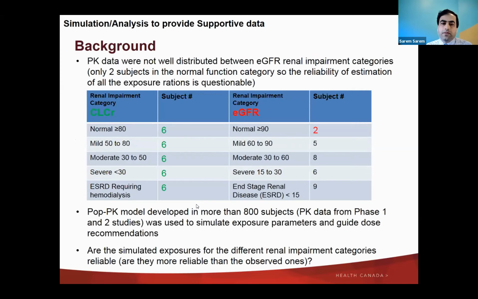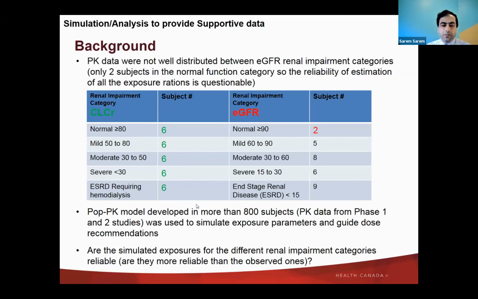Mainly, you can see that if you use the creatinine clearance, we have a good distribution of the data, 24 or 30 subjects including the normal subjects, and we can have a good estimation of the exposure for the normal renal function subgroup, and by consequence for the ratio of the exposure for the other subgroups. While for eGFR, we had just 2 patients in the normal function subgroup. So we cannot trust an estimation of a median or average using just 2 points.